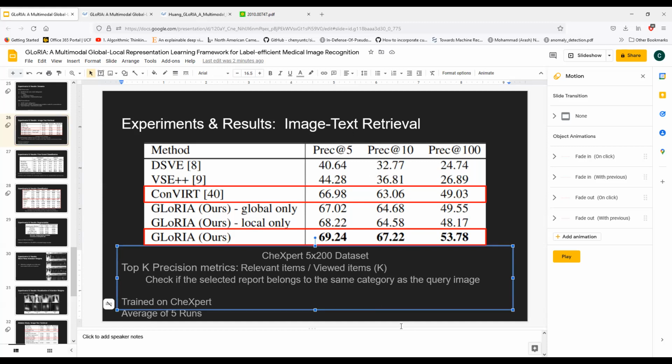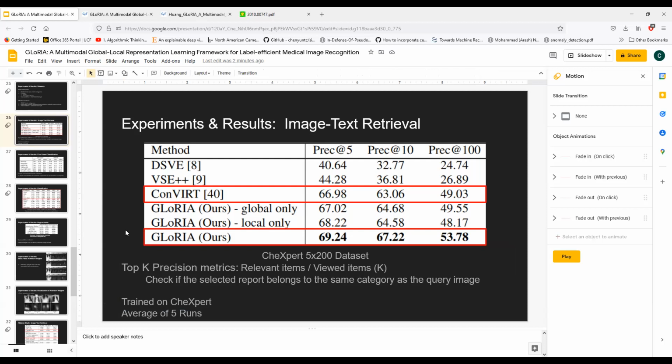In general, this top K, because you're doing retrieval, means you retrieve the top five, for example, based on the similarity. You have a query, then in the reference database you compute these feature embeddings and compute the similarity.